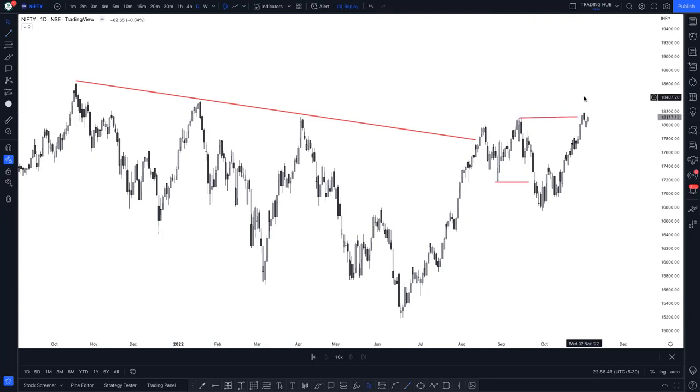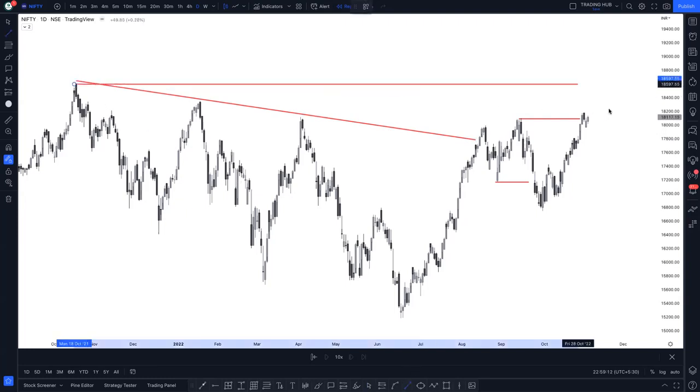If there is any imbalance created here, still the candle closes above it, so possibly the market gives a small move to the downside before going till this high. So the market can be bullish in Nifty.